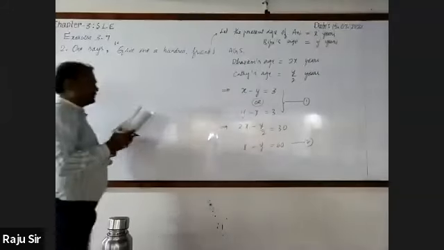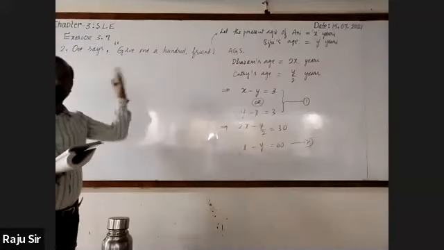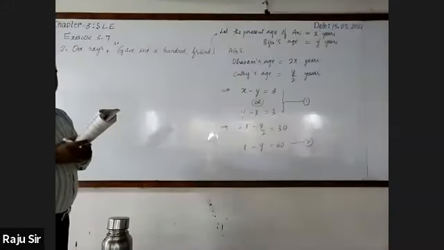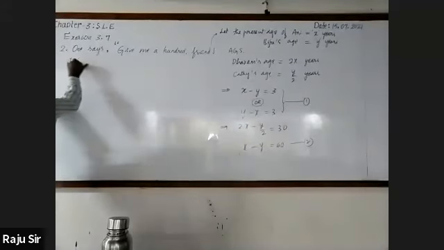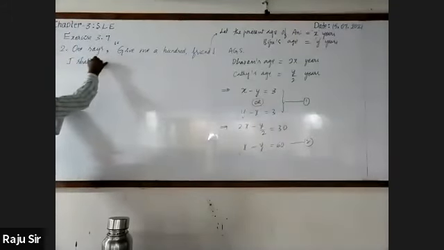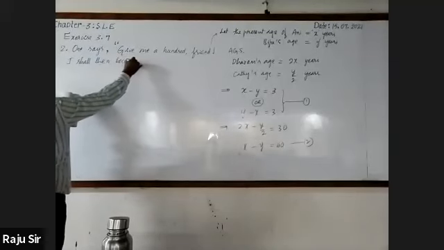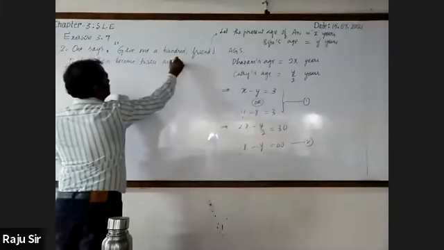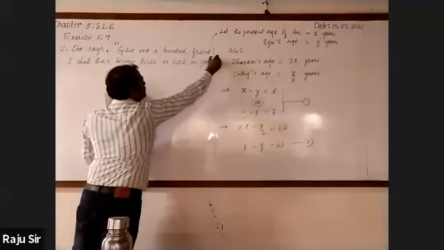Use an exclamation symbol. "Give me 100 rupees, I shall then become twice as rich as you." This is the first step.